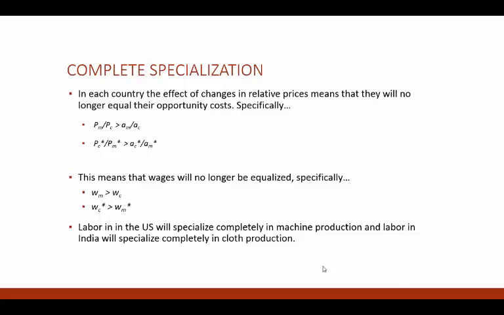As a result, labor hours specialize completely where the wage is higher and produce exclusively that good. Only machines get produced in the US and only cloth gets produced in India. We thus have complete specialization in both countries, and this is in the industries where they have comparative advantage.